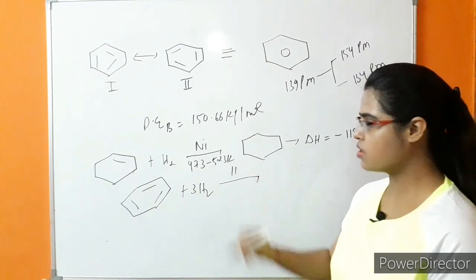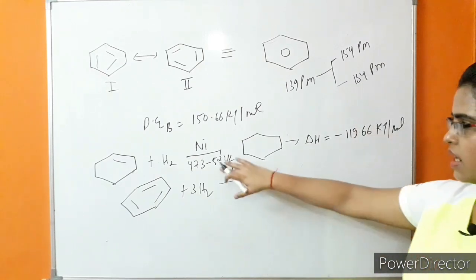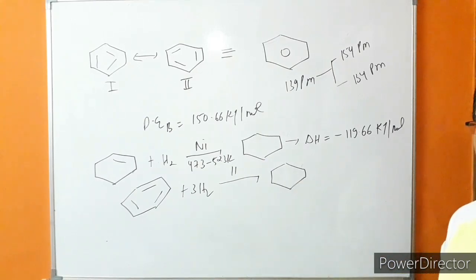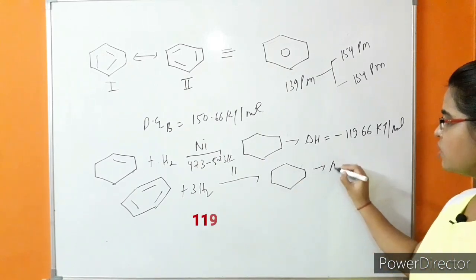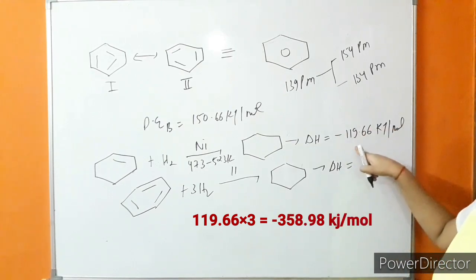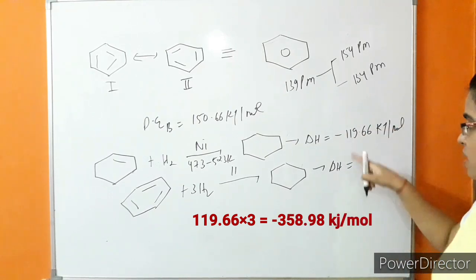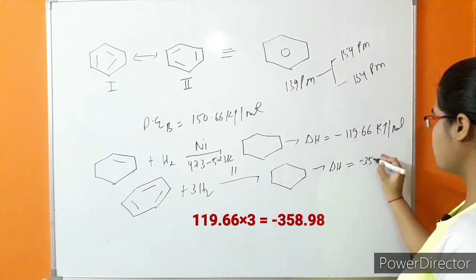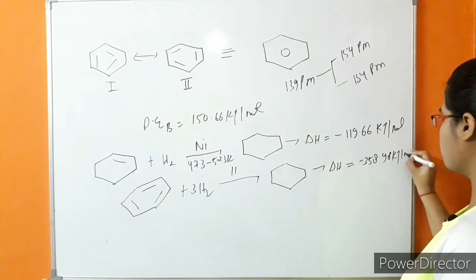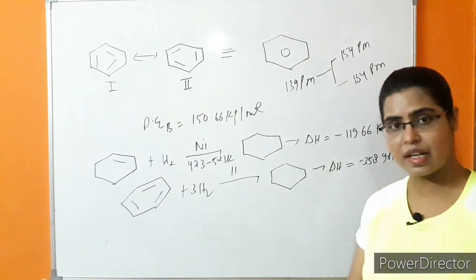The conditions are similar, in the presence of catalyst and this temperature. Cyclohexane is formed, and the energy released is a multiplication of this energy with 3. It means about minus 358.98 kilojoule per mole of energy should be released.